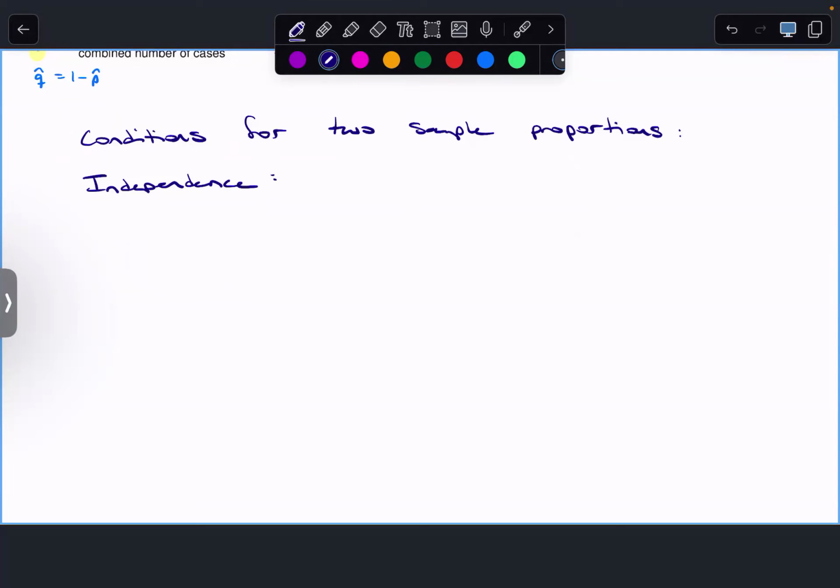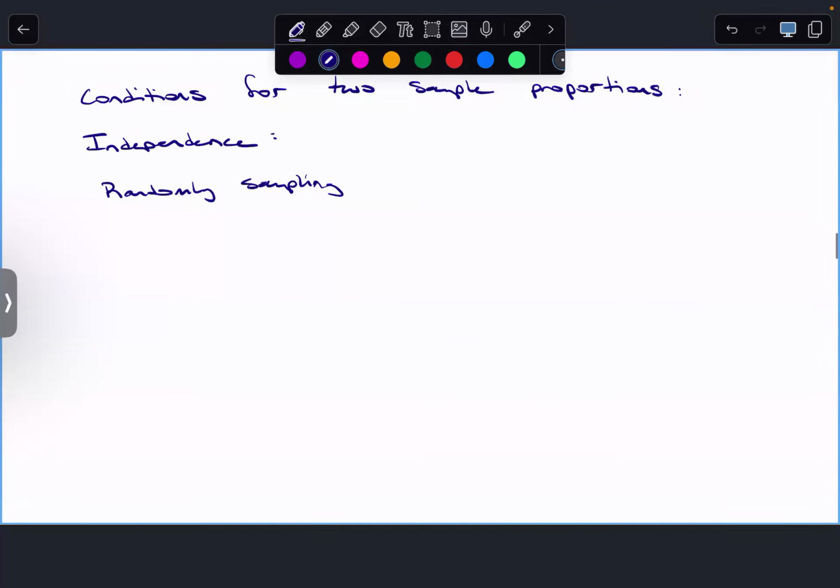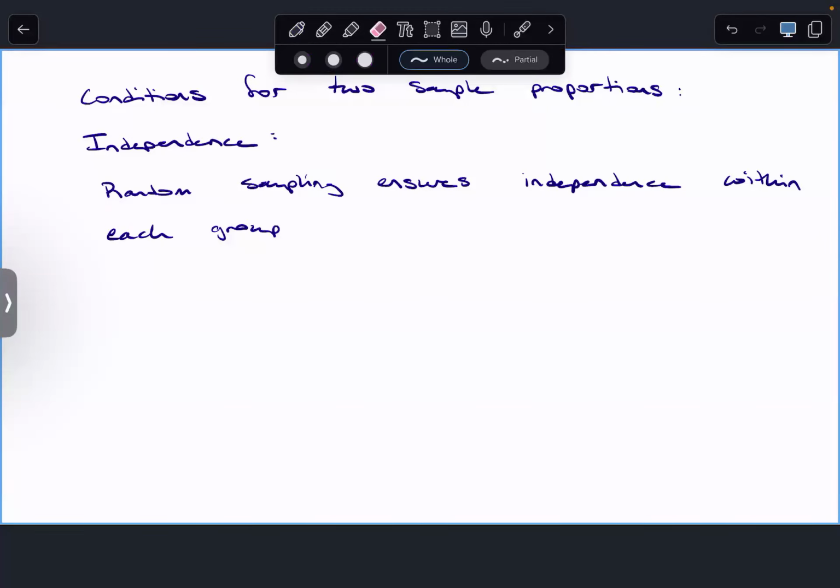And so that's an additional step, but I'm going to summarize it as random sampling ensures independence within each sample and between the samples.